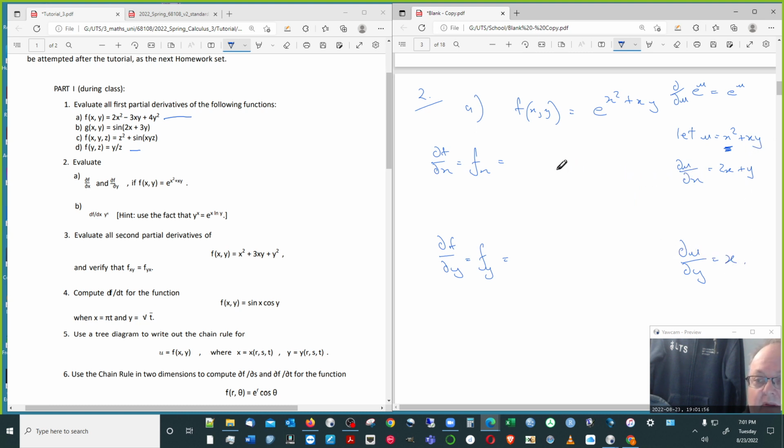So we end up with 2xy e to the u, which was x squared plus xy, and for this one here we get x e to the x squared plus xy.